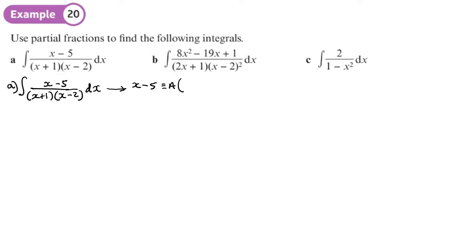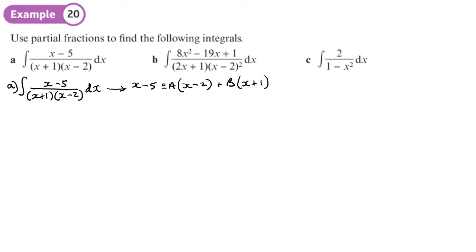We don't need to write the whole working out. Now I would have written down a fraction which was A over x plus 1. So I need to multiply it by the other denominator, and then I would have had B over x minus 2, and then I would have had to multiply it by the other denominator. So we can just speed things up a bit because we know what we're going to get to.